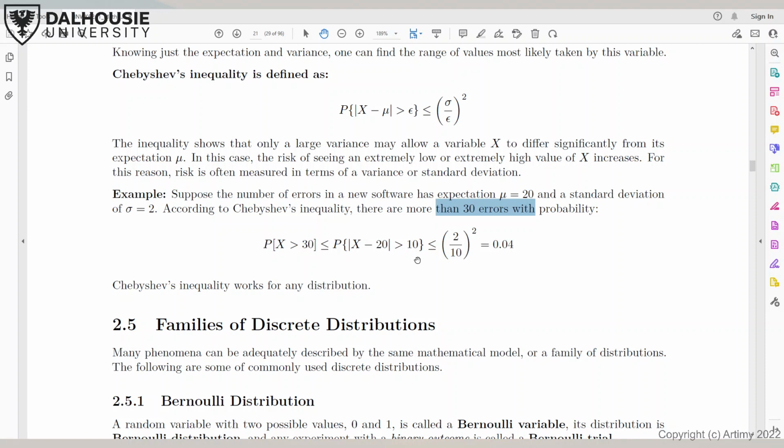This is summarized in one line, but I just showed you the steps. For x greater than 30, I subtracted mu from both sides, got epsilon, and used it on the right side to get the result.